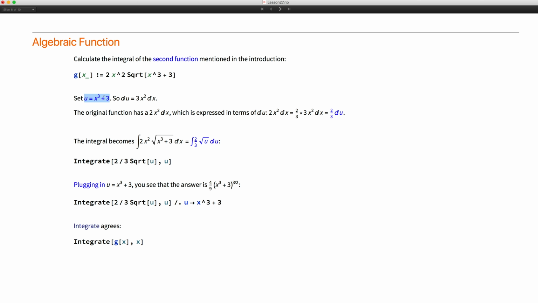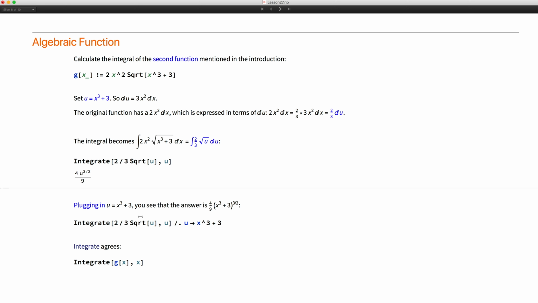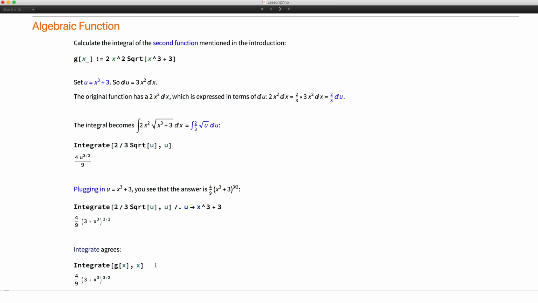But then you tell yourself you've got a 2 over here, so we need a small adjustment. So we write it as 2/3 times 3. And so you have that the integral is 2/3 of square root of u with respect to u. You plug in the expression for u, and you get back the answer in terms of x. And of course, integrate gives just the same answer in this case.